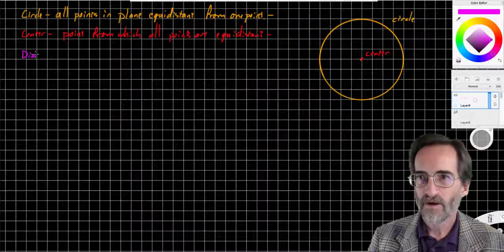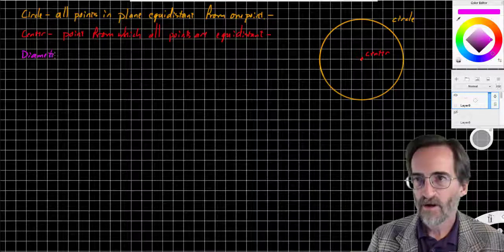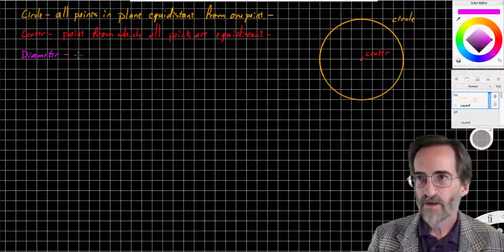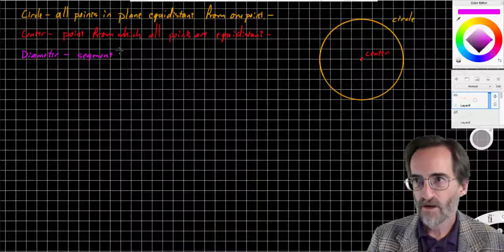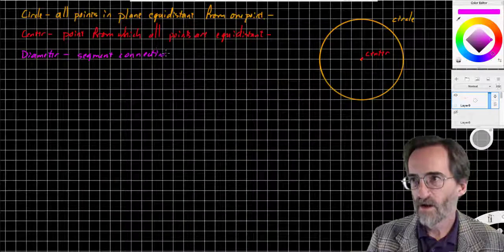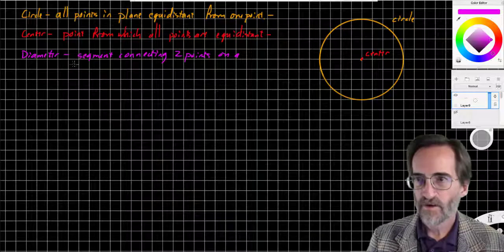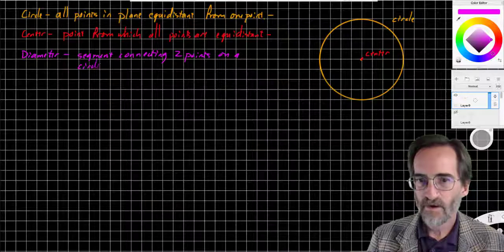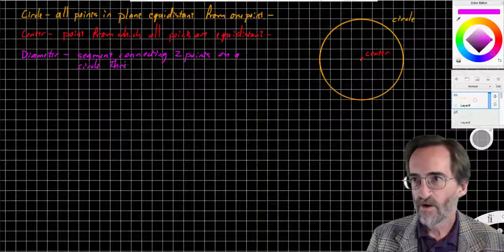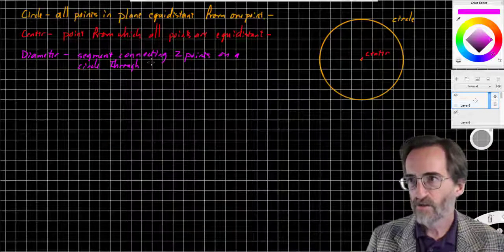Diameter. A segment connecting 2 points on a circle through the center.